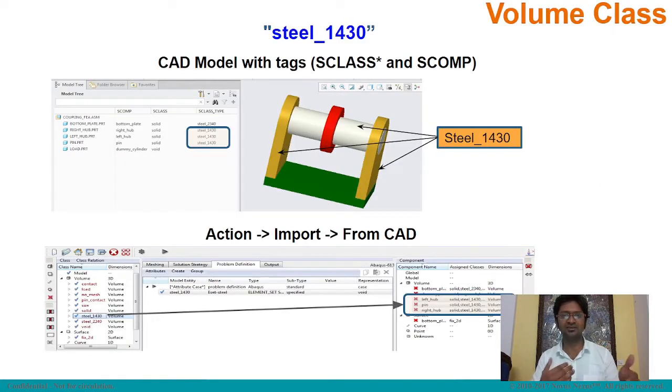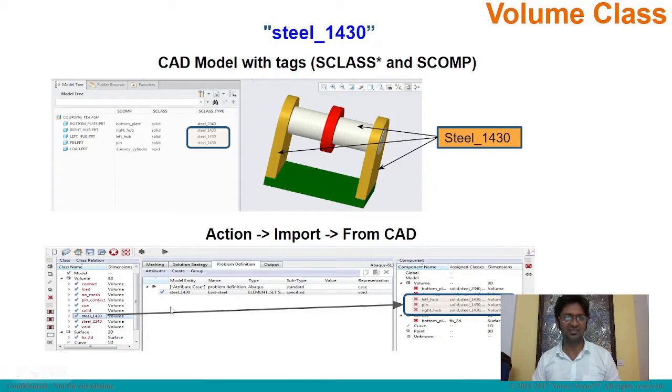You know that the CAENexus workflow divides the engineering task into two roles, that is CAD specialist and the CAE analyst. So let's say the CAD specialist has created this small assembly. This assembly contains some parts like your left hub, right hub, there is some pin structure and a bottom plate. And we have assigned the steel 1430 class on these three parts, that is left hub, right hub and pin structure, in the CAD modeler.